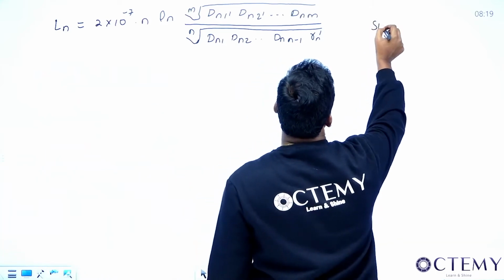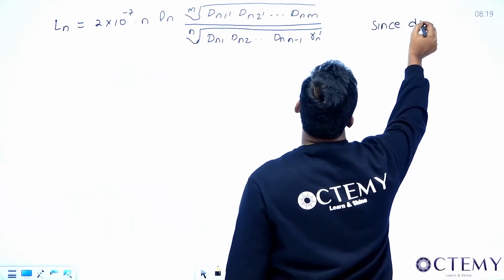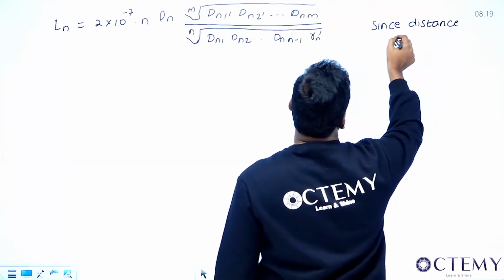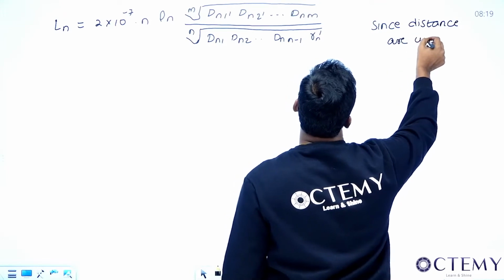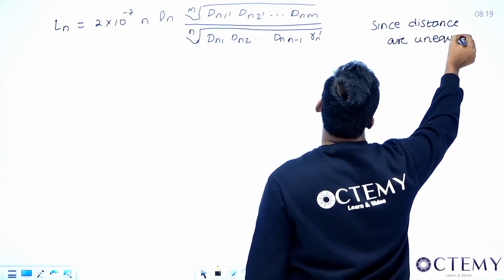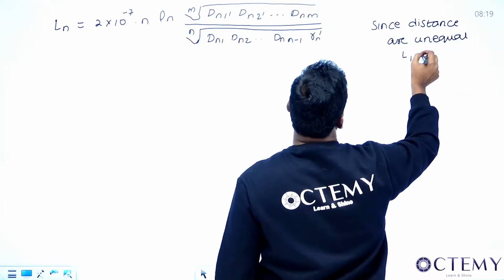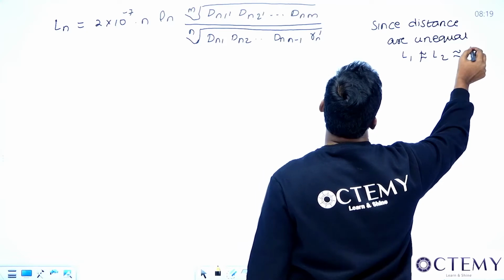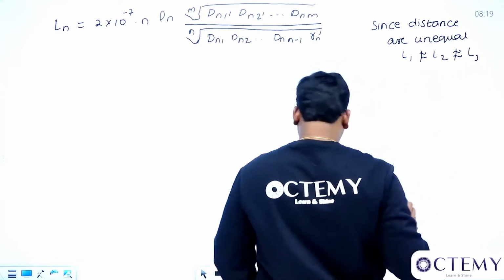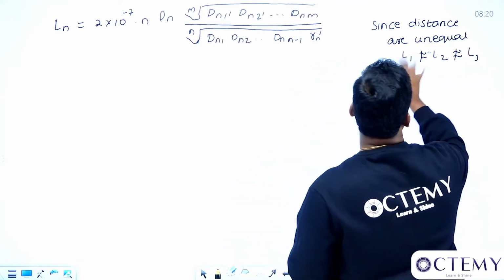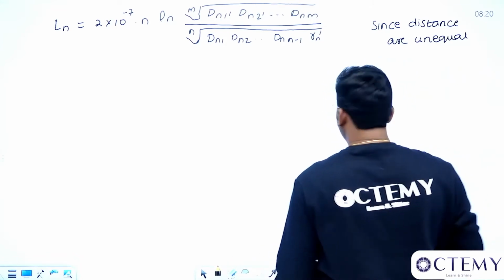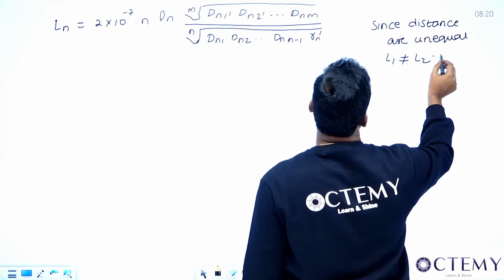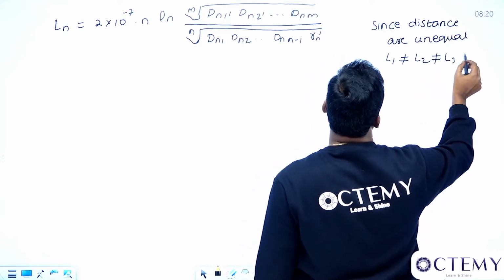Since distances are unequal, your L1 cannot be equal to L2, your L3 and so on, Ln.